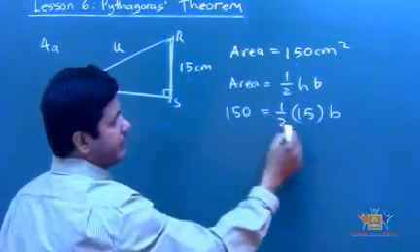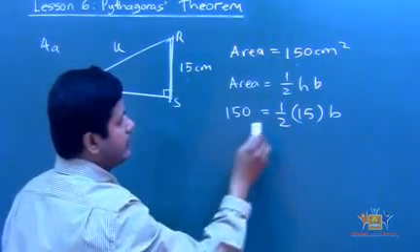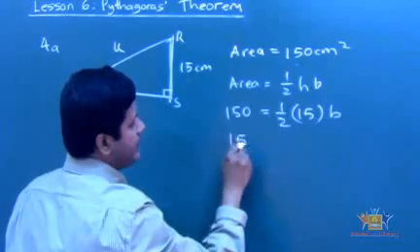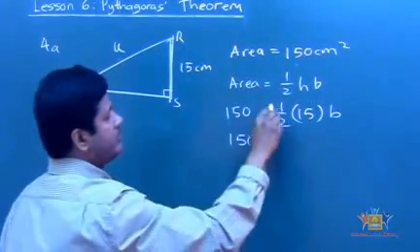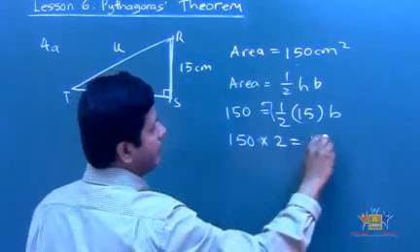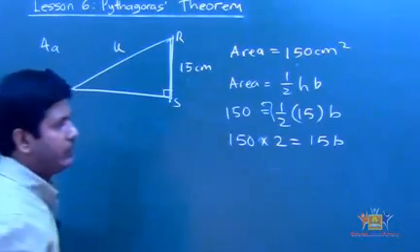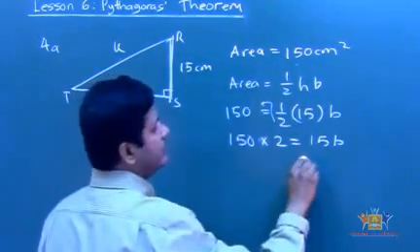That means I have to isolate. Now 15 divided by 2, I cannot, so I have to move the 2 across. So 150. Now what is 2 doing to b? It's dividing. Division across the bridge becomes multiplication. Multiply by 2, gives me 15b. So I'm looking for b. What's 15 doing to b? It's multiplying. So across the bridge becomes division.